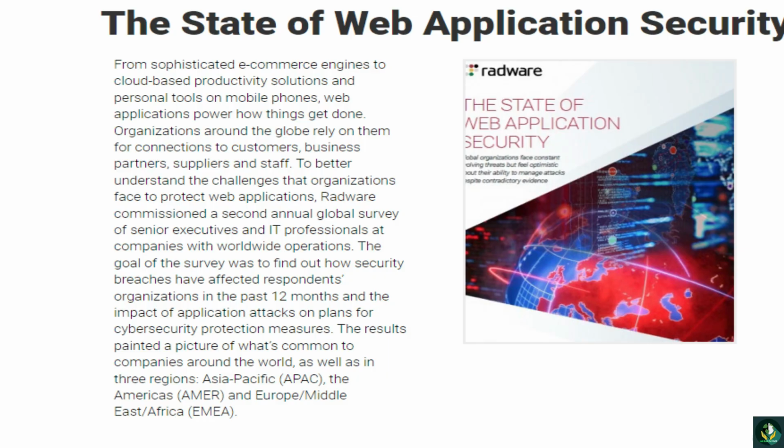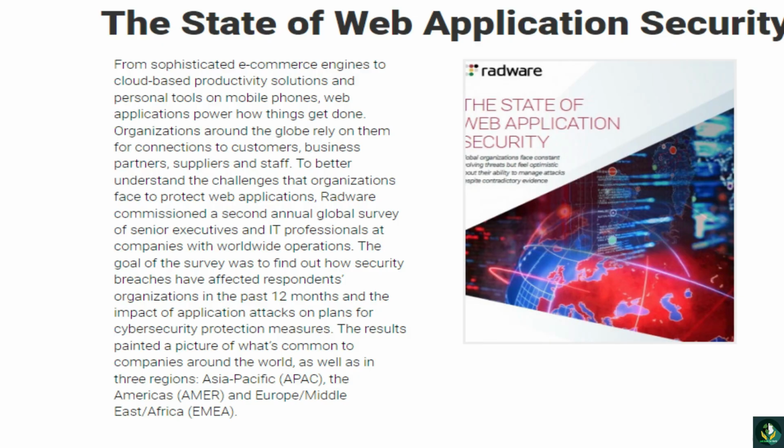To better understand the challenges that organizations face to protect web applications, Redwire commissioned a second annual global survey of senior executives and IT professionals at companies with worldwide operations.